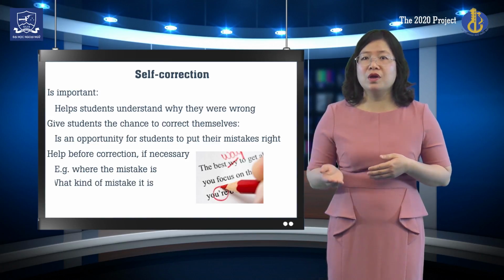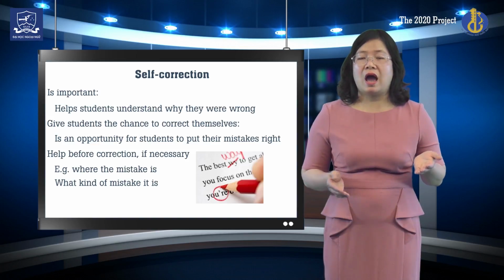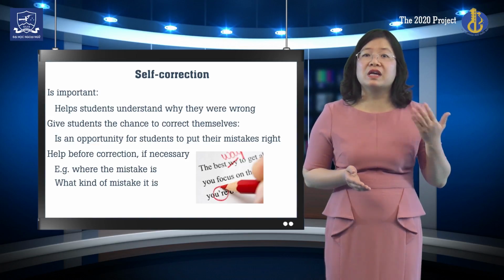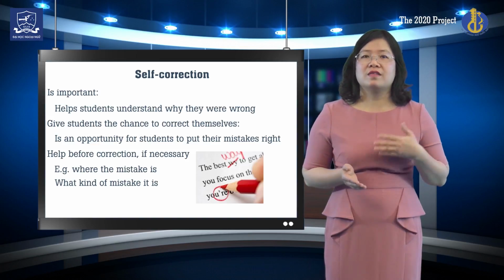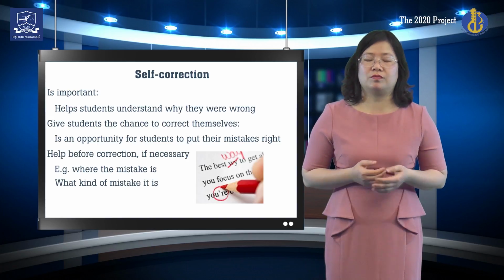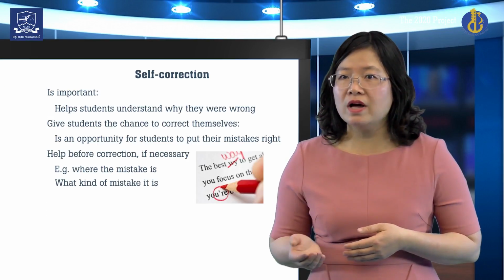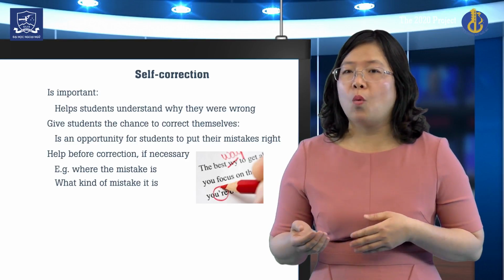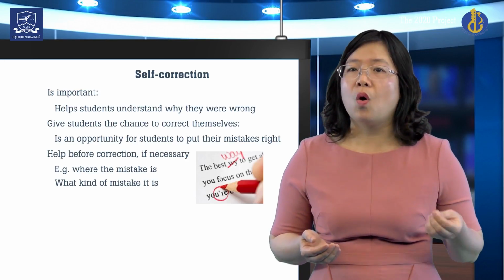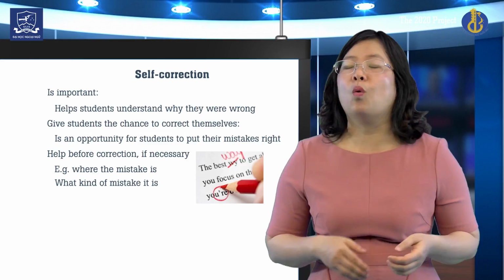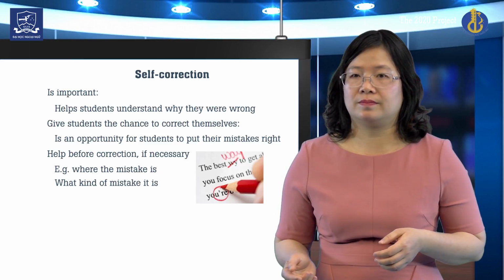We can also use explicit statements and questions to show incorrectness in the hope that the student can correct themselves. In a word, students can self-correct when we help them to know where the mistake is and what kind of mistake it is.